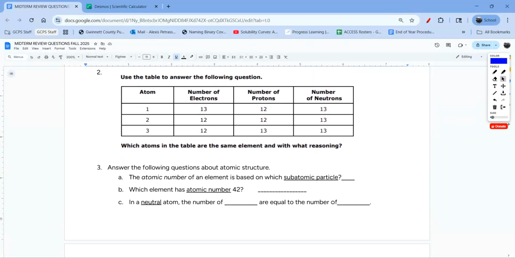Two, use the table to answer the following question. Which atoms in the table are the same element? Same element, that's your key word there. And with what reasoning? So you need to explain this. So same element. If you ever see something saying same element, you're thinking about protons. Same number of protons, the same element. So it's atom 1 and atom 2 because it says which atoms.